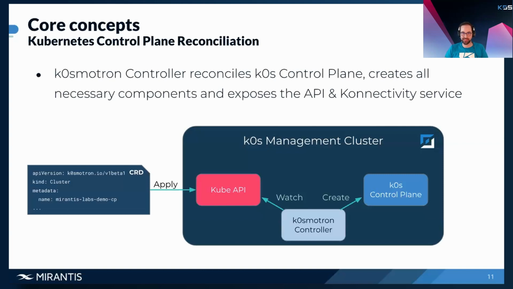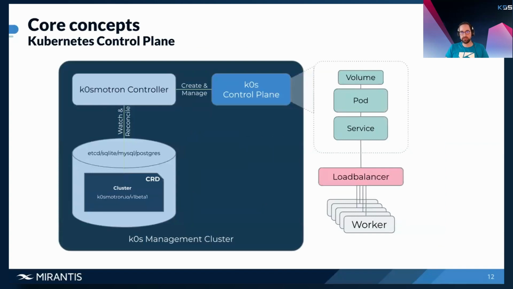As soon as we apply the CRD, the k0smotron controller sees this CRD in the Kubernetes API store and will create those control planes. Of course, now the question is, how do those control planes look? If we look into a control plane on the right, you can see that we have a very simple way of creating control planes.